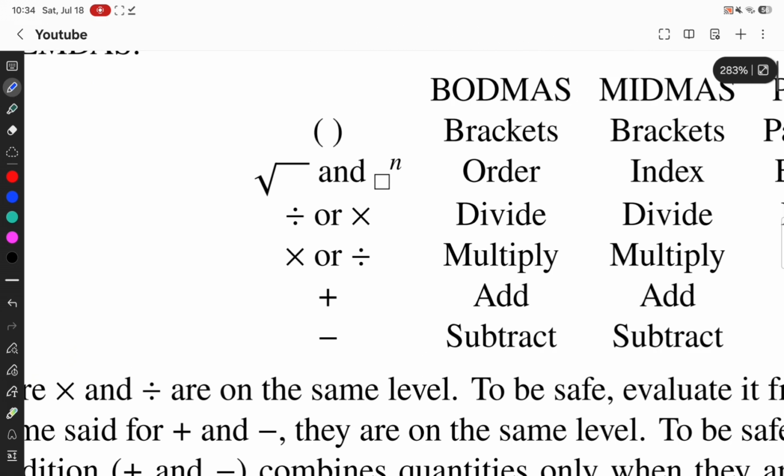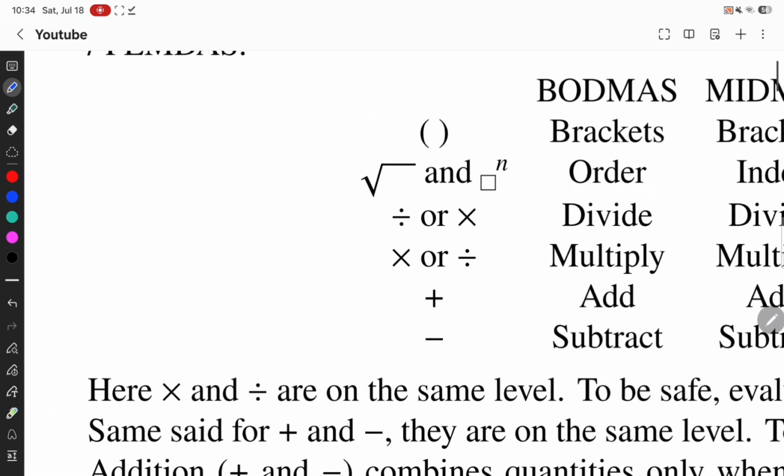But remember, for now, when you do 2 over 3 plus 5 over 7, what are these two? This is dividing by something. If we just add them together, like so, we get 7 over 10. No, this is not correct. Division is on a different level, and addition is on a different level.